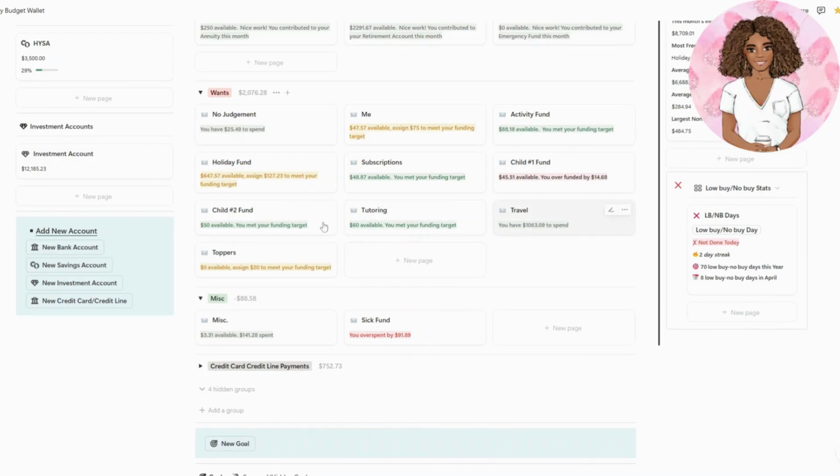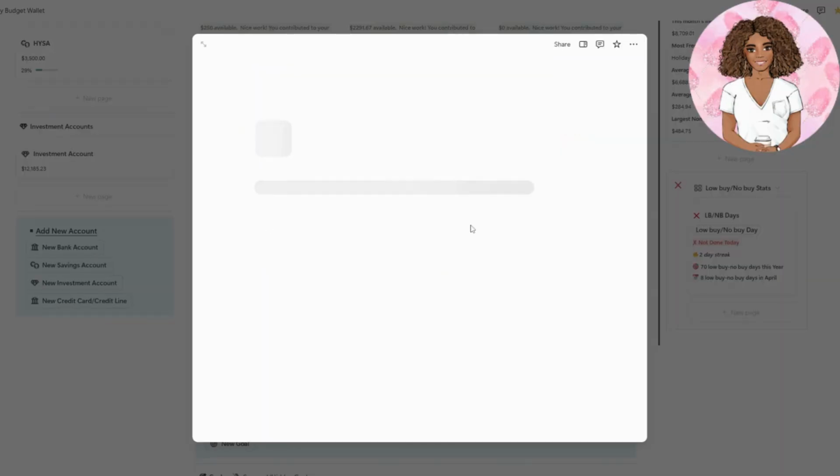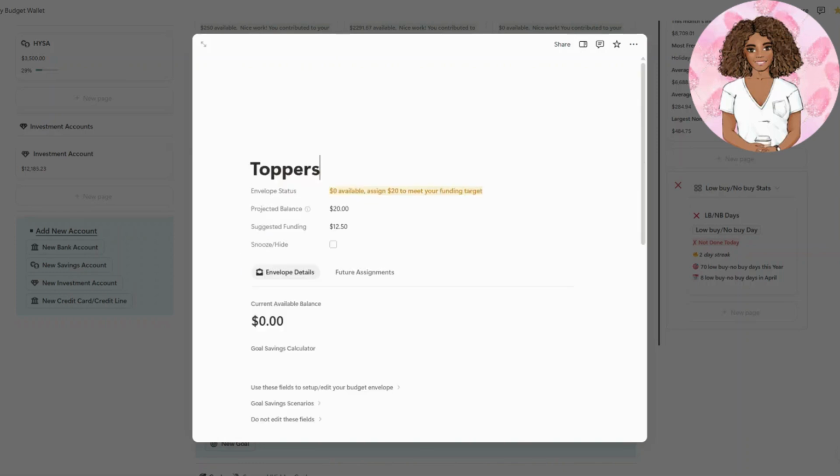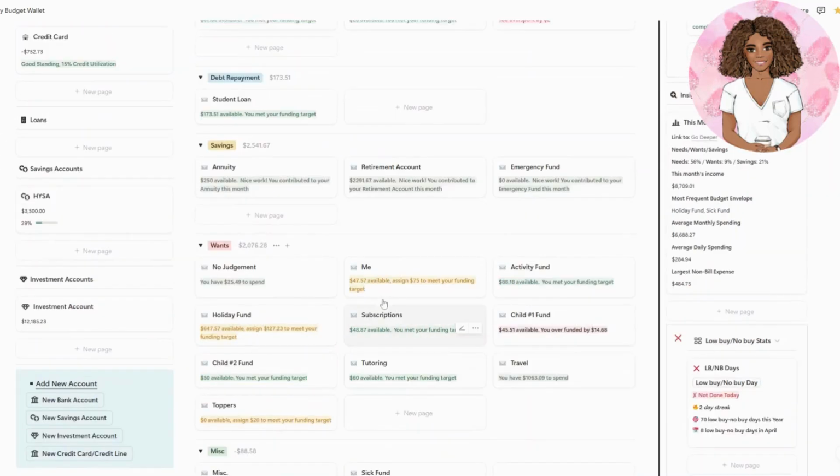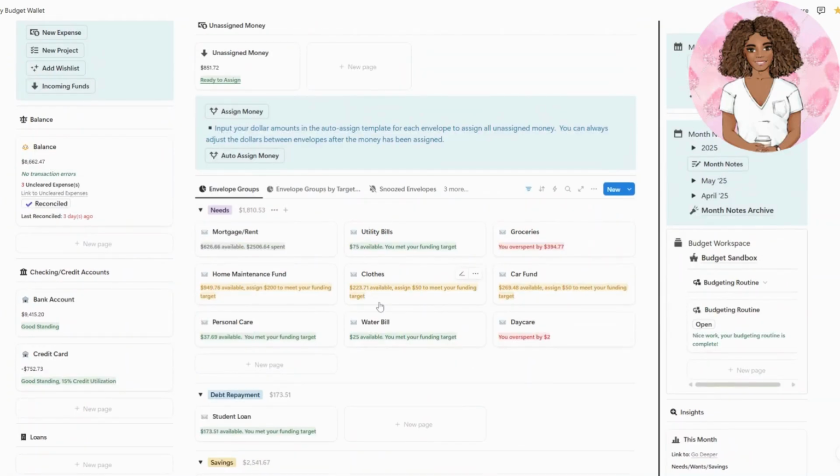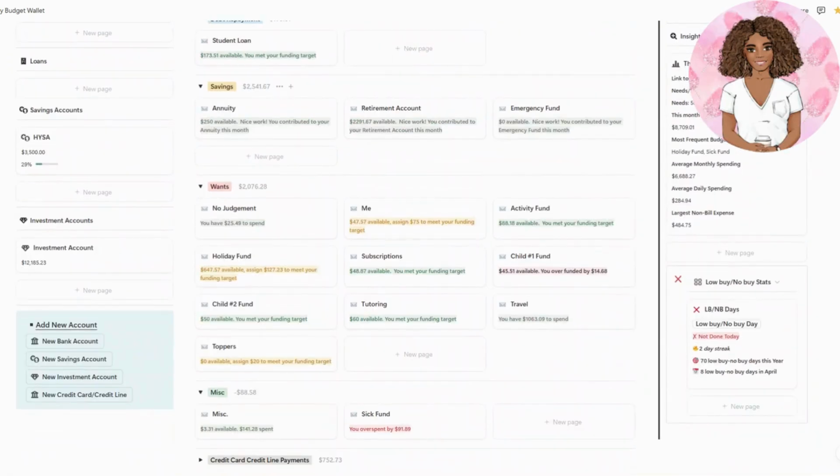I got about 1,000 in travel and this toppers. Actually, I'm not gonna fund the toppers one right now. Let me get out of this and see how much I have. Okay, 851.72 to go.